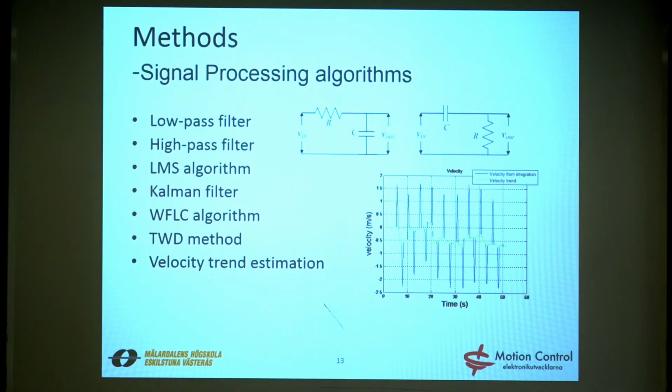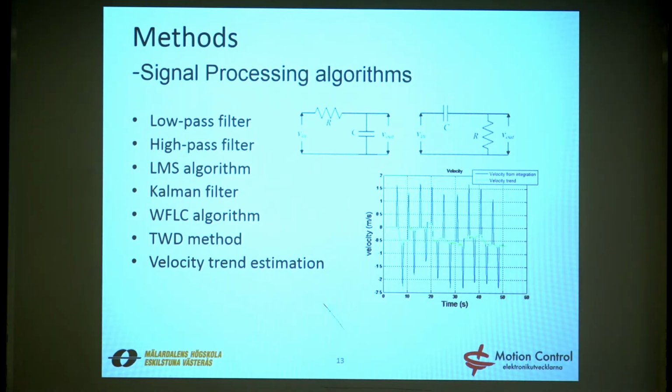Another novel method is the velocity trend estimation method. We can see in the figure, the blue curve is the velocity from integration, the velocity signal. And the velocity trend estimation gives a result of the green curve.